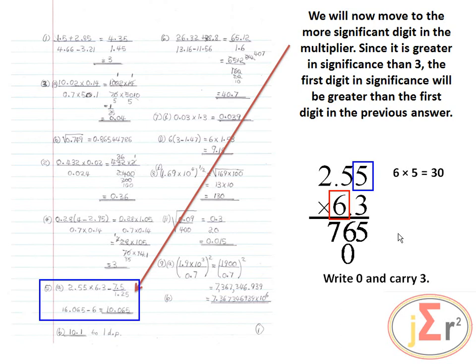So place the 0 there. This number that we are using on this occasion is greater in significance than this 3. Therefore, the first digit in the answer will also be greater in significance than the first digit in the first part of our multiplication.